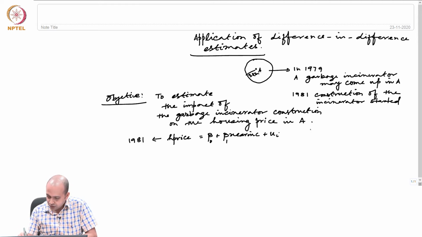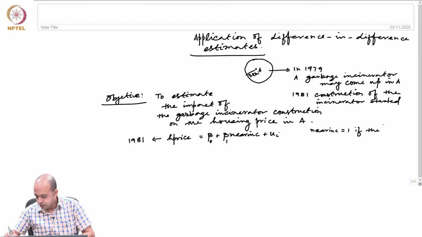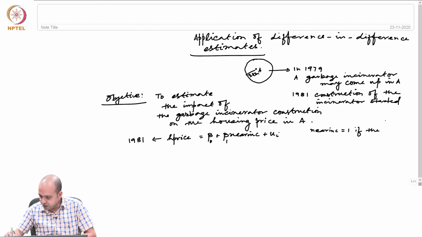How is it defined? Near INC equals 1 if the house for which we are collecting data on its price is located within 3 km of A, 0 otherwise.